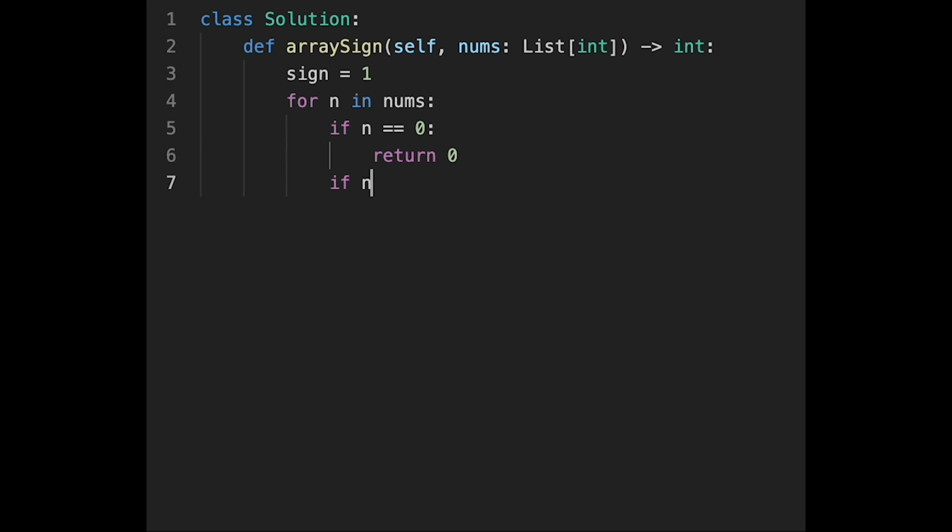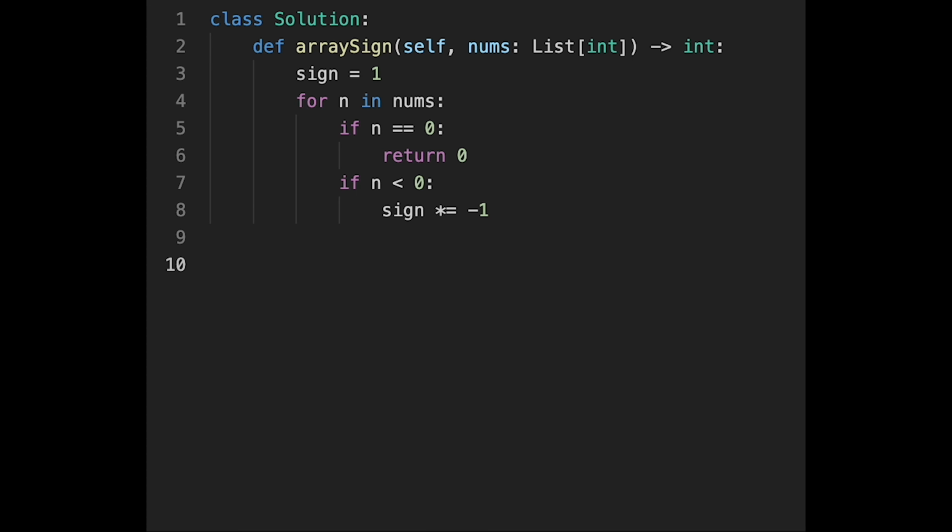And if n is less than 0, in that case, multiply minus 1 to the sign variable. In Python, that's asterisk equal minus 1. And after that, just return sign.